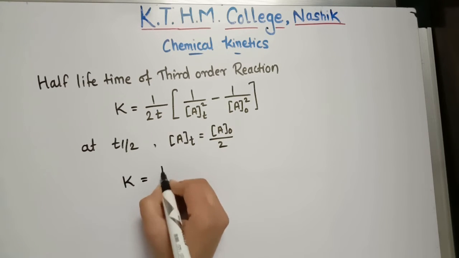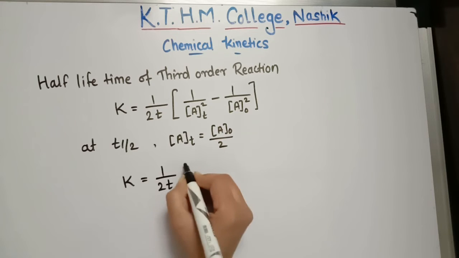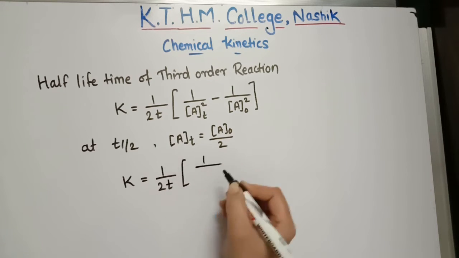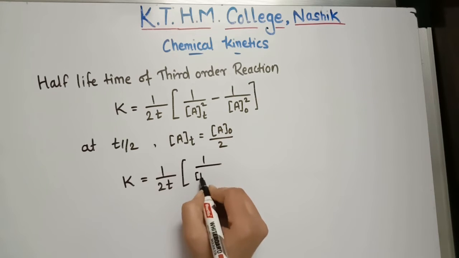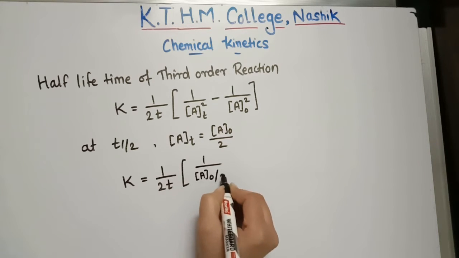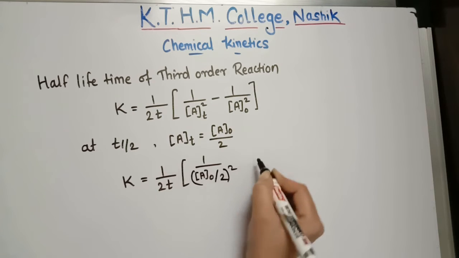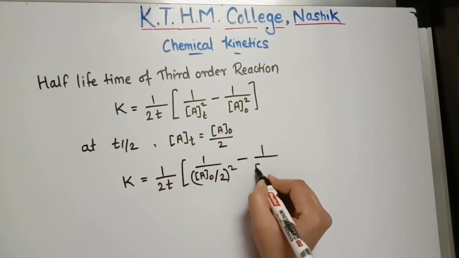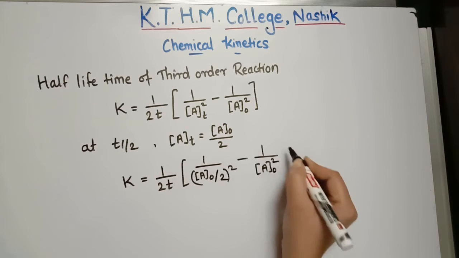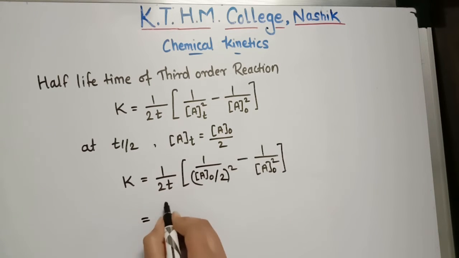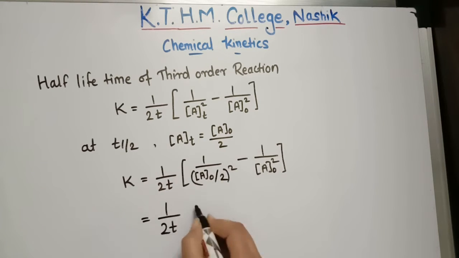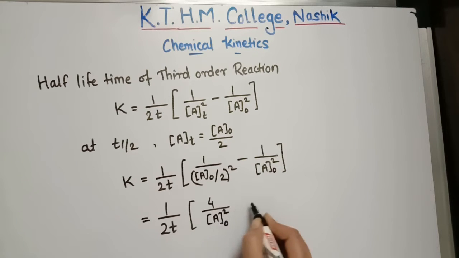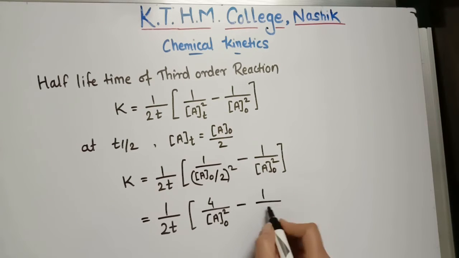k is equal to 1 upon 2t, 1 upon A naught upon 2 square minus 1 upon A naught square as it is. So 1 upon 2t is equal to 2 square is 4 upon A naught square minus 1 upon A naught square.